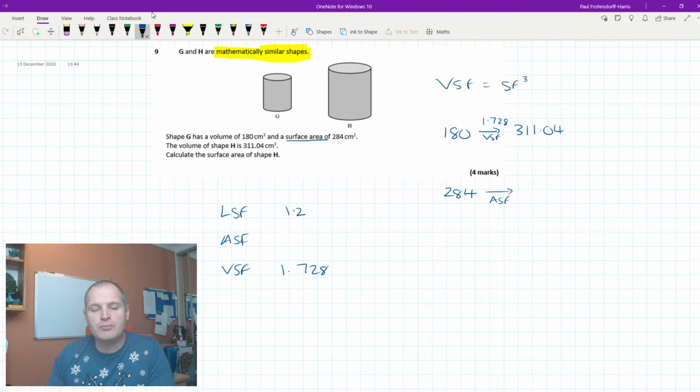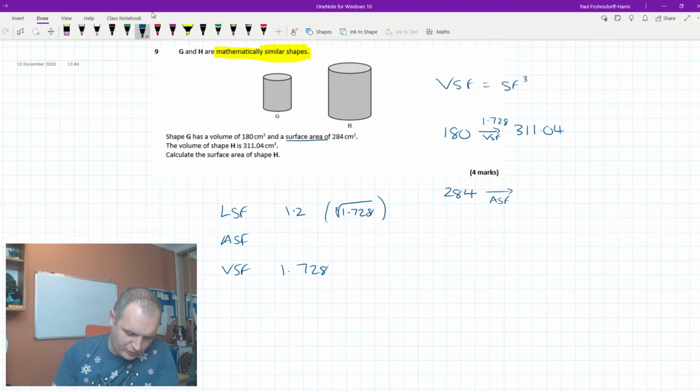So I cube rooted, this is what I did, the cube root of 1.728, because I wanted to get down to what it was without cubes. You can't divide by 3, it's got to be the cube root. Takes us back to 1.2. Now, to get the area scale factor, I do 1.2 squared, which is 1.44.